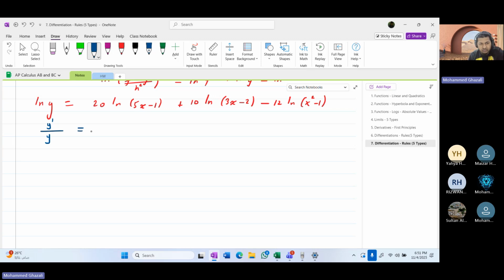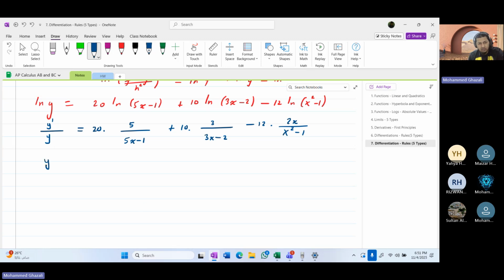So 20 times (5x minus 1) goes to the denominator, and the derivative of 5x minus 1 is 5, plus 10 times the derivative of ln(3x minus 2): 3x minus 2 goes to the denominator, and the derivative is 3, minus 12, the x squared minus 1 goes to the denominator, and the derivative of x squared minus 1 is 2x.